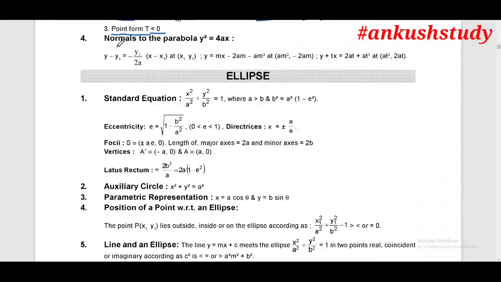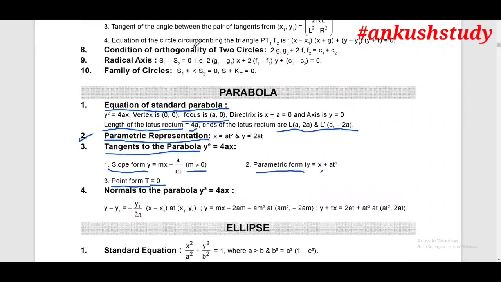And this is the normals to the parabola y² = 4ax.